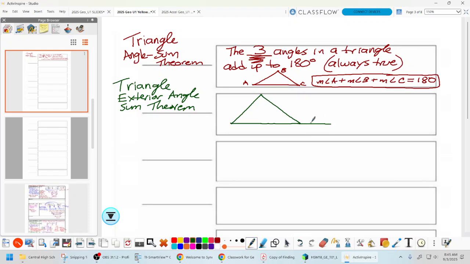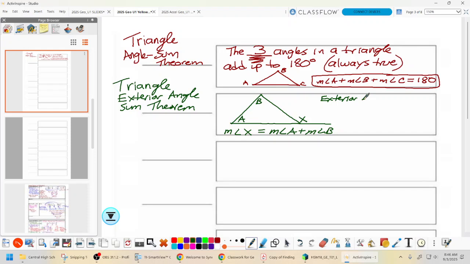So basically, if we extend one of the sides of a triangle, it makes an exterior angle. So the measure of angle x equals the measure of angle A plus the measure of angle B. It cannot be this one right here. It has to be the opposite interior angles. So let's put that in words too.